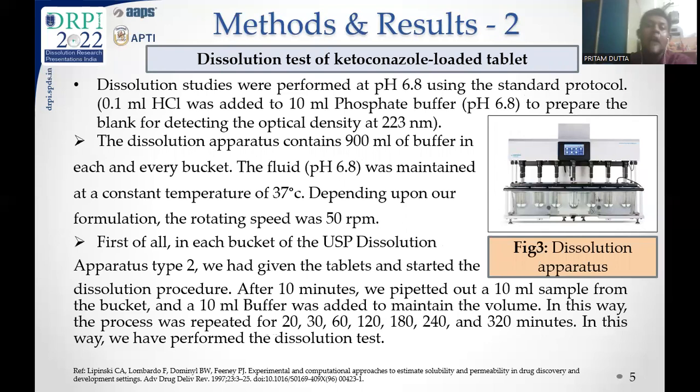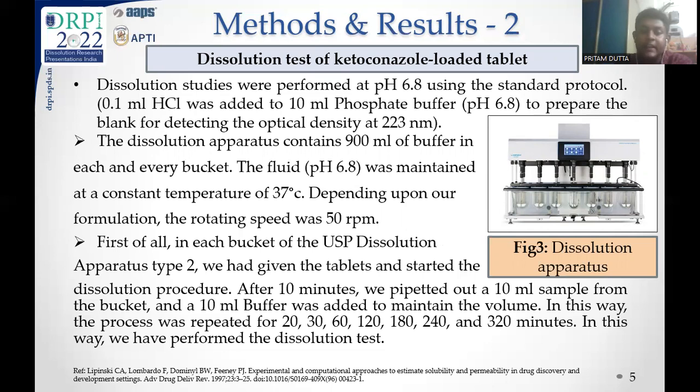Now, under the methods and results 2 category, we will discuss the dissolution test of the ketoconazole loaded tablet. We used a USP dissolution type 2 apparatus where 900 ml buffer was given in each bucket of the apparatus.